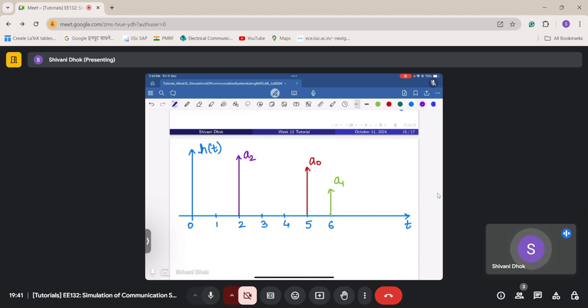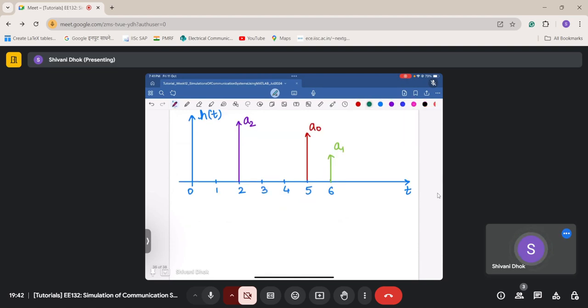So there are only three taps, one located here, another here, and another here. This is the first delay, this one is the last delay, and this duration from 2 to 6 is your delay spread.